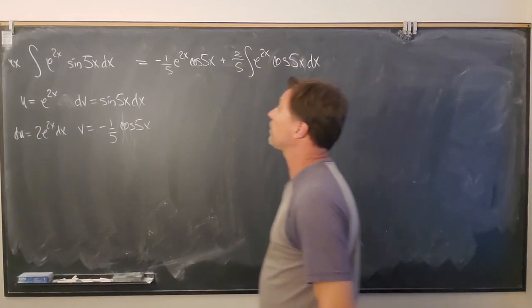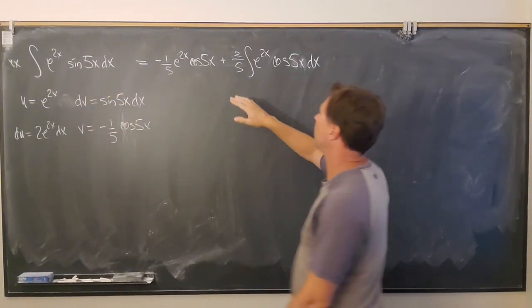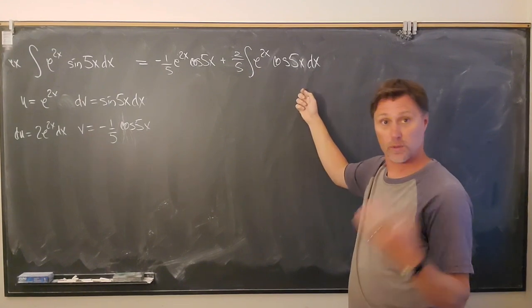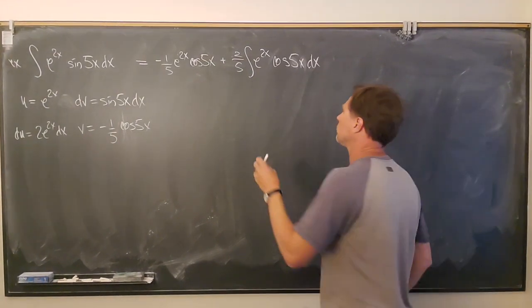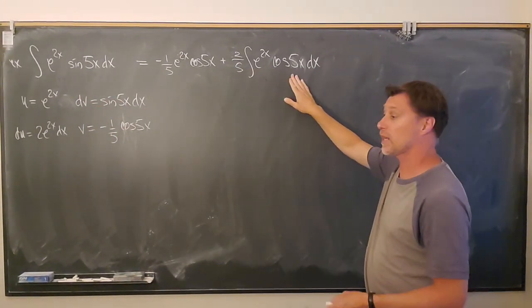So we started off with an integral that was exponential times trig. Integration by parts gave us exponential times trig, which means we can do integration by parts again. We started off with exponential times sine, now we've got exponential times cosine.